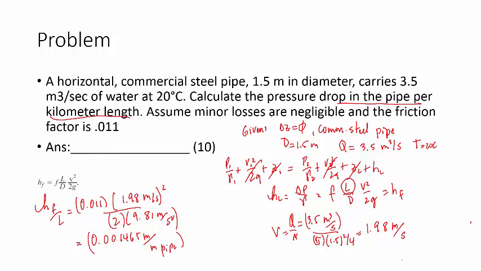But it's asking for a kilometer of pipe. So I need to do this. And so here I have 1.47 meters of head loss per kilometer of pipe. So that's the answer for that problem.